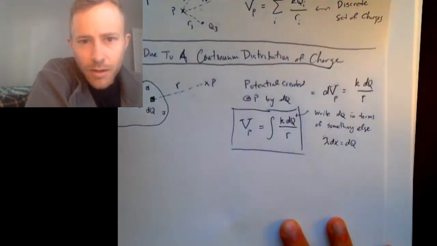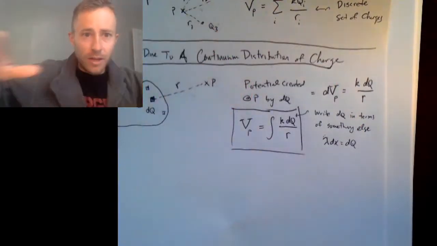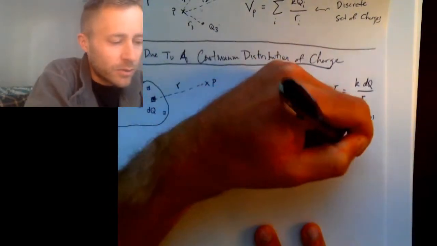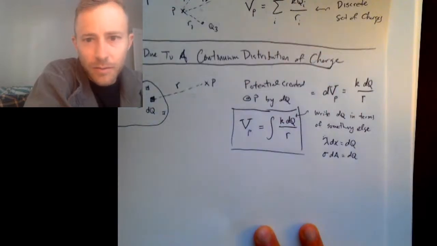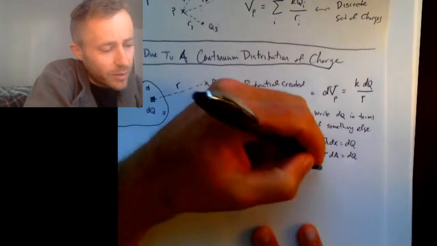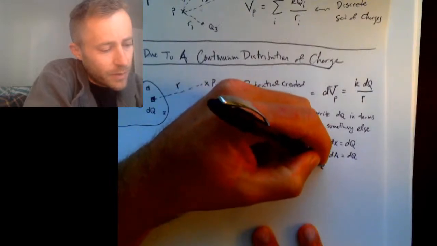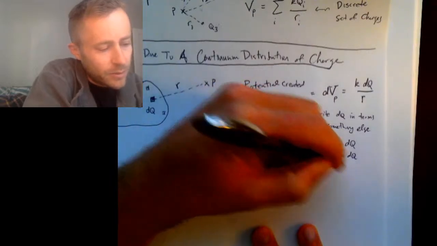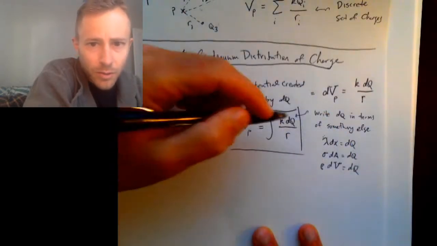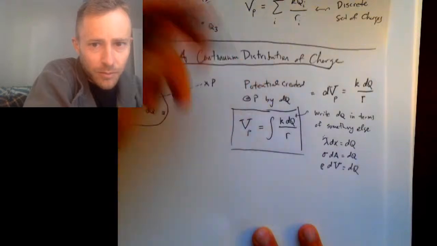If you have a plane of charge, you might write it as sigma dA equals dq. If it's a volume distribution of charge, you might write rho dV is equal to dq, etc. So you're always going to write that in terms of something else.